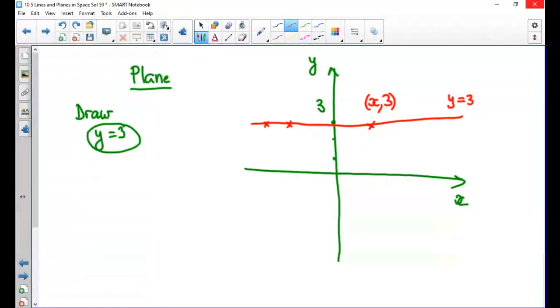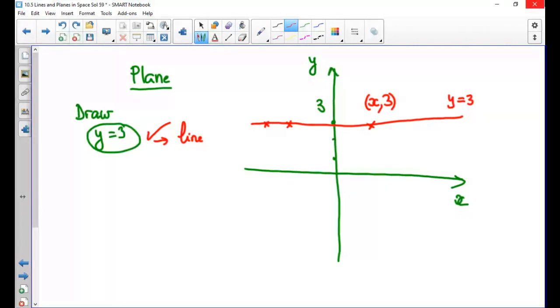So basically, its equation is y equal to 3. So in the plane, y equal 3 is a line, horizontal, which means parallel to the x-axis.